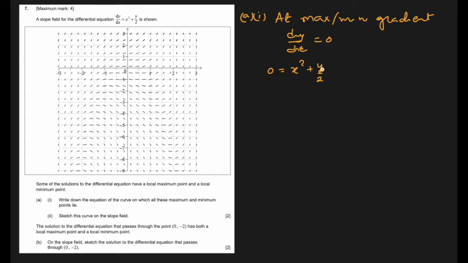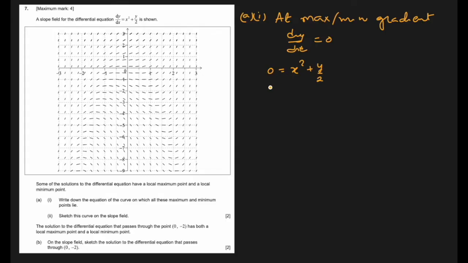Okay, so what we can do, we know that at maximum or minimum, the gradient, which is dy over dx, is equal to 0. So in this equation, we will make dy over dx equal to 0. 0 equals x squared plus y over 2.